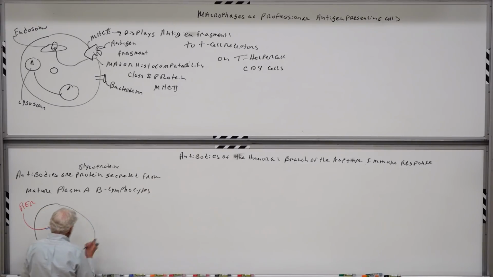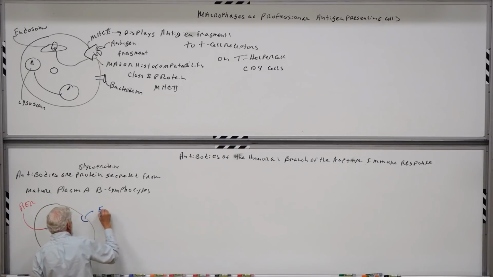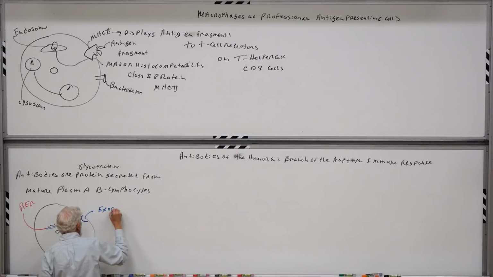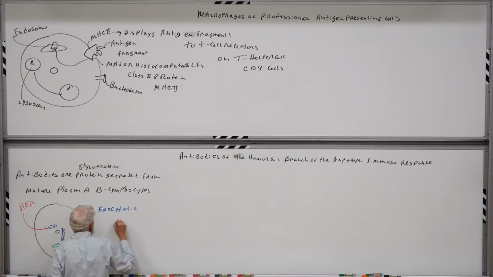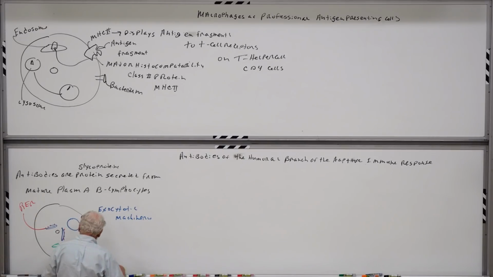And there's a well-developed exocytotic machinery. And what the vesicles are doing is the vesicles are being loaded with antibodies.